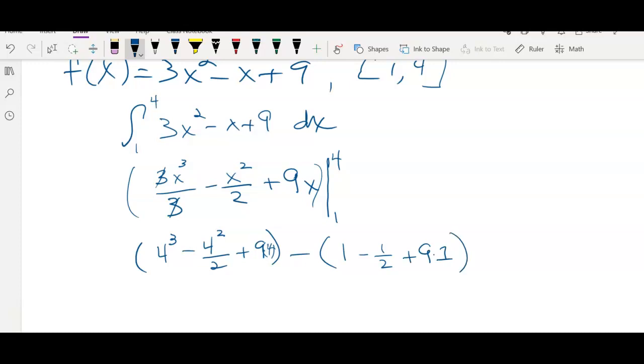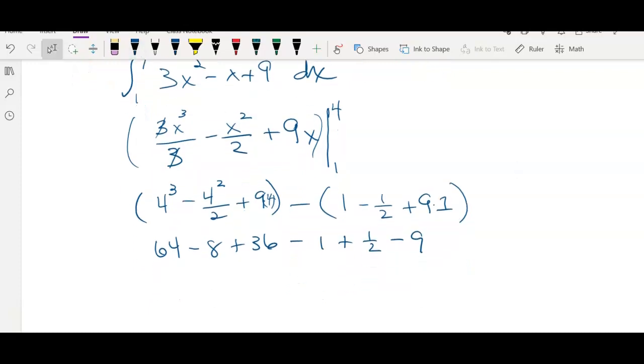You just do the math. What's 4 cubed, everybody? Is it 64? Yeah. 4 squared divided by 2 is 8. Then 36 minus 1 plus 1/2 minus 9.